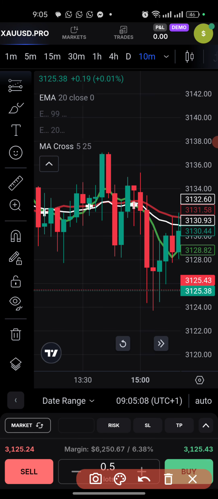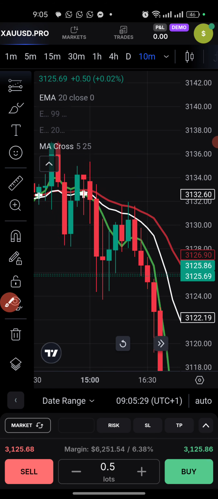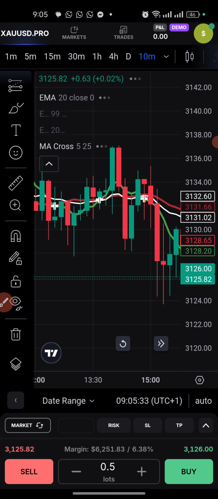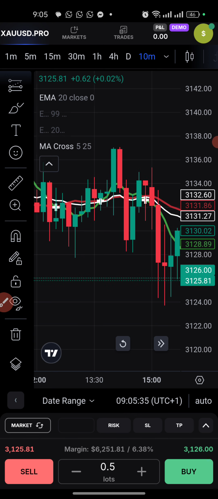If you are taking the buy, yes, you made some good money, but you see, it was just two candles, and we had a huge reversal, and then price began to sell. So if you didn't get out of the trade on time, you would have now been stuck in the sell. And look, the sell came all the way down. So no matter what happens, please always use your stop loss.